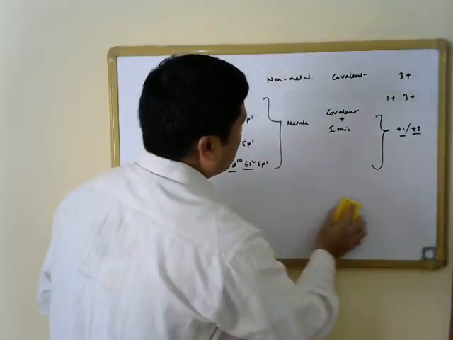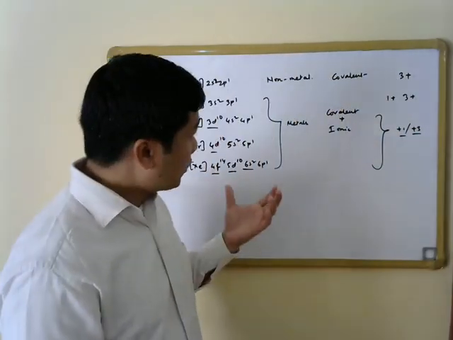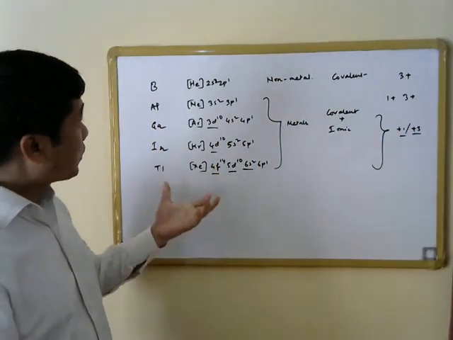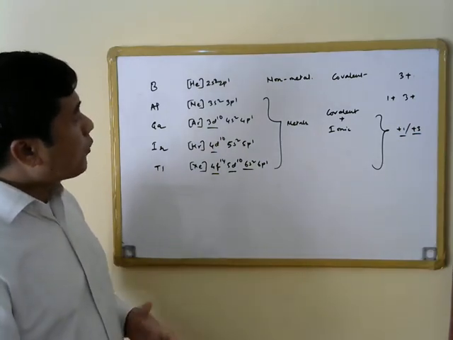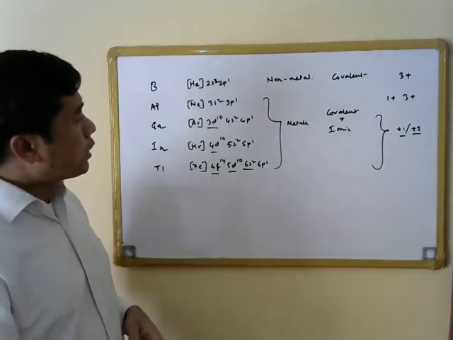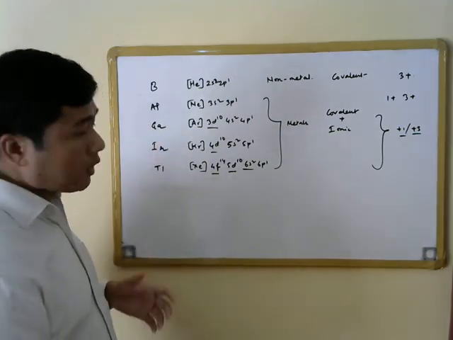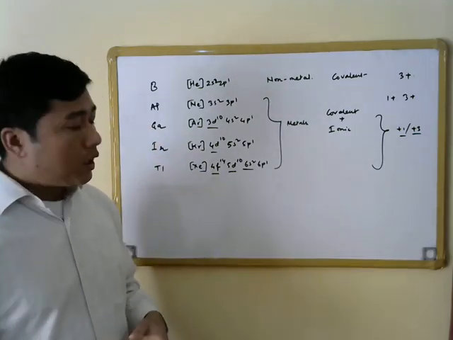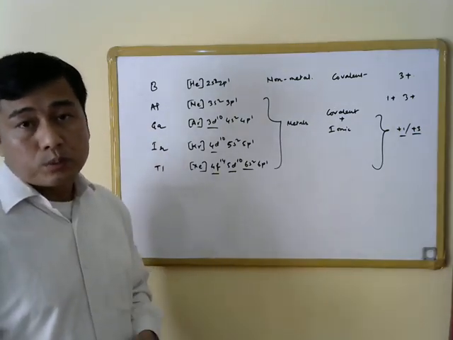So we have now summarized most of the important properties of these group 13 elements. Now we will discuss the size of atoms of these elements, and how the size changes within group 13.